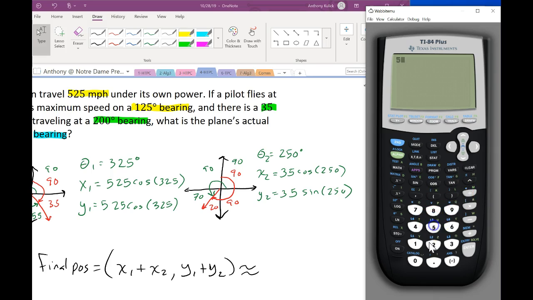So for the x's, I'll do 525 cosine of 325 plus 35 cosine of 250, which gives me 418.01. And then I'll do the same thing for the y's: 525 sine of 325 plus 35 sine of 250.